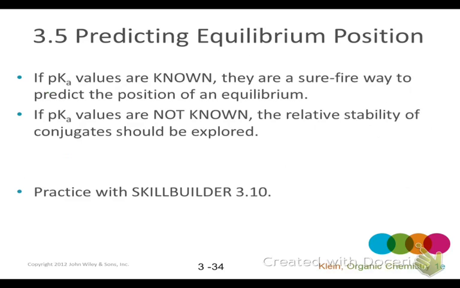If you don't know the pKa's, then what you have to do is look at the relative stabilities of the conjugate bases and determine which acid's stronger based on that, and then the stronger acid wins. It always comes out to be the stronger acid wins the equilibrium. And by that I mean it pushes the reaction to the other side. Okay? So the side opposite the strong acid will always be higher in concentration than the side with the stronger acid.